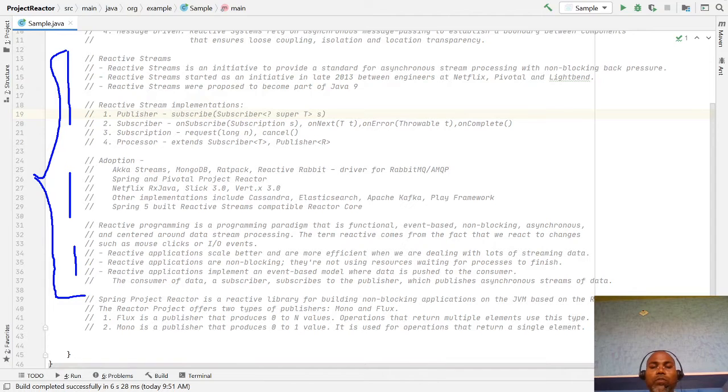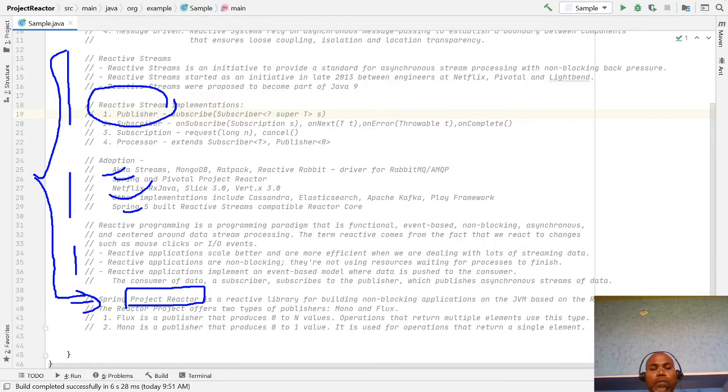If we are going to write a code example, we have to take one implementation and write code to make our software or components reactive systems. For that, I'm going to use the Spring framework, and Spring has implemented the reactive stream specification as Project Reactor.